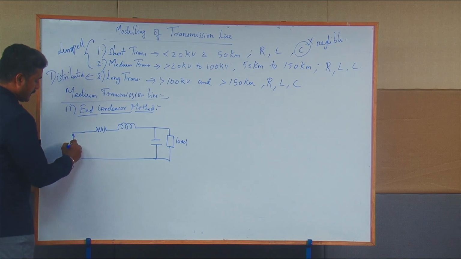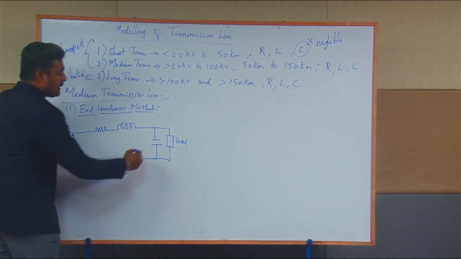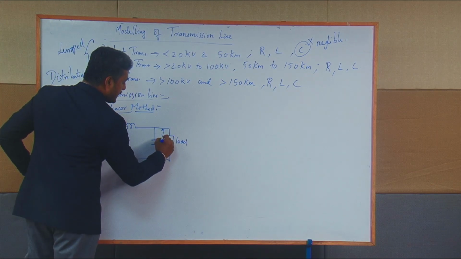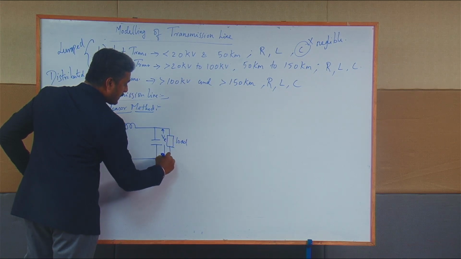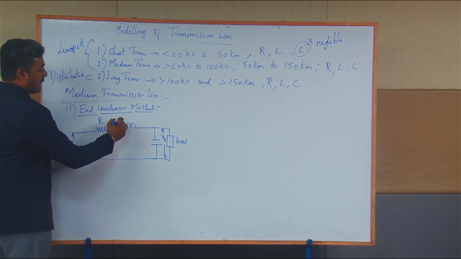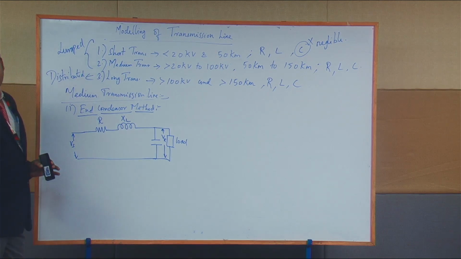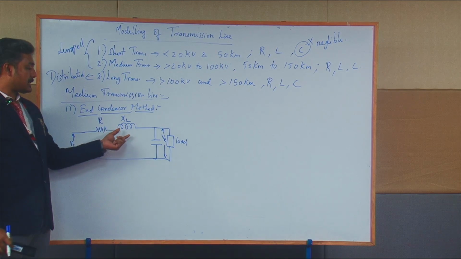Now you know that the supply end voltage or sending end voltage is taken as Vs and the receiving end voltage is taken as VR. The total lumped resistance is taken as R, and the reactance of the inductance is taken as XL.